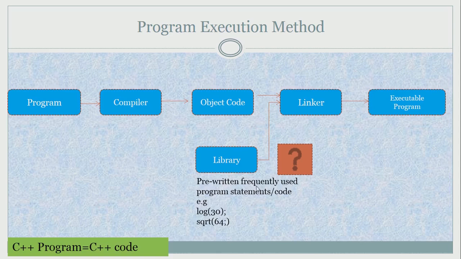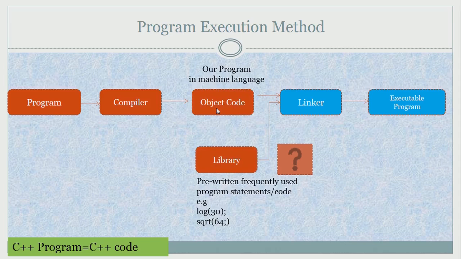So now you are familiar with the word libraries, so let's see the steps of the program execution method. A program is provided, this is a program, and this is basically provided to the compiler, which translates it into a machine language program, or you can say the object program or object code as well.